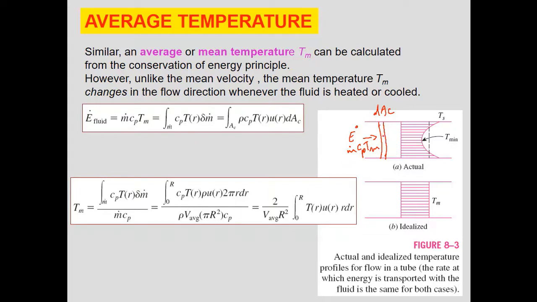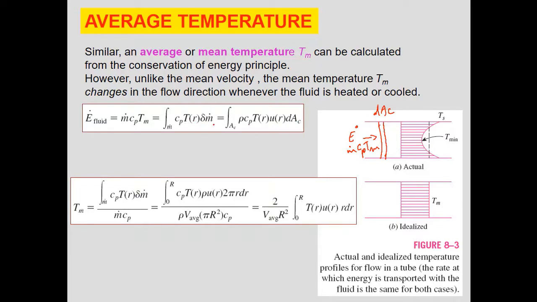Also, we can use this equation to calculate the rate of the energy to the system by this equation, CP Tr del m dot. With a similar procedure to what we had for the average velocity, we can rewrite it like this: rho CP Tr Ur dAc.